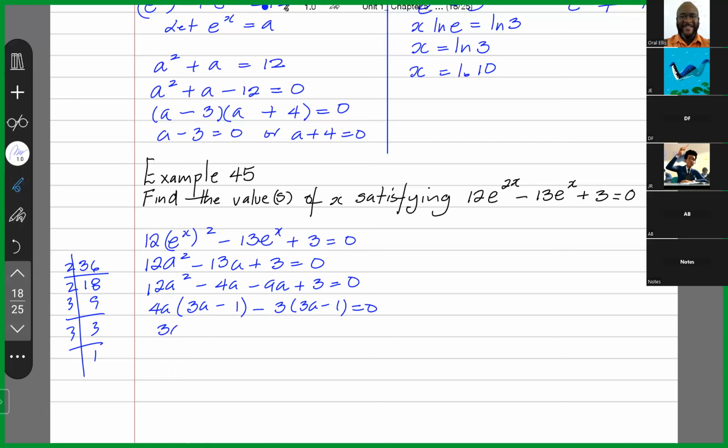So 3a minus 1 multiplied by 4a minus 3 is equal to 0. So 3a minus 1 is equal to 0, or 4a minus 3 is equal to 0. Therefore, a is equal to 1/3, or a is equal to 3/4.